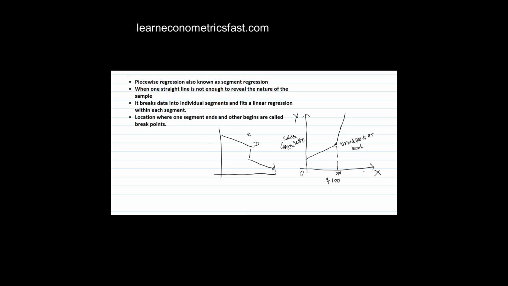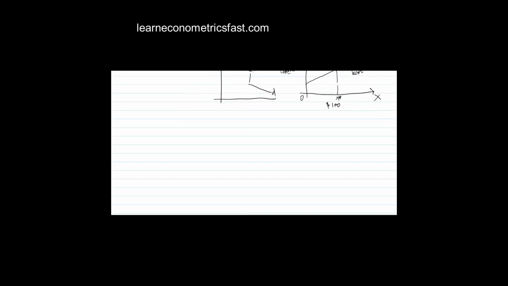Suppose yi is equal to our sales commission, and our xi, the independent variable, will be the volume of sales generated by the employee.